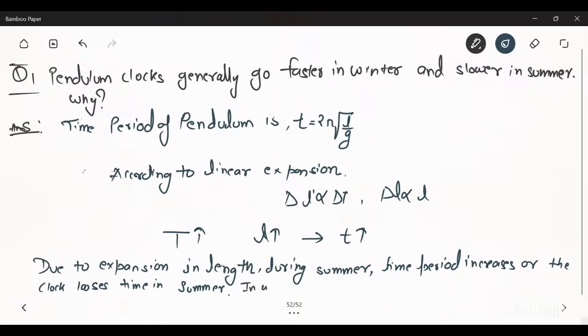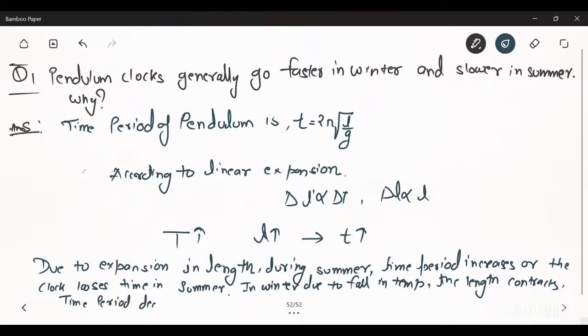In winter, due to fall in temperature, the length contracts and the time period decreases, and hence the clock gains time. Okay, that was our question.